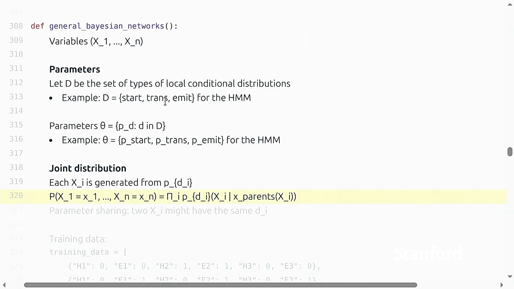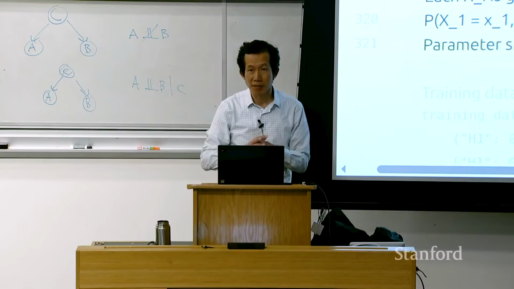Remember that picture where each node is powered by a local conditional distribution? di tells me which one to go fetch. So I'm indexing that distribution and now have xi given parents of xi. This part is the same as before. And the way parameter sharing manifests here is that two different variables, let's say x3 and x7, might have the same di. So d3 equals d7.